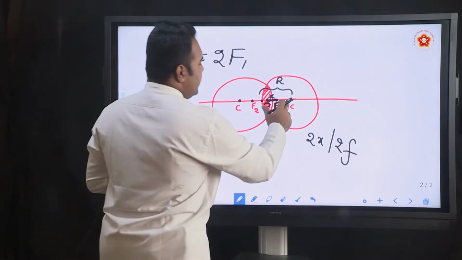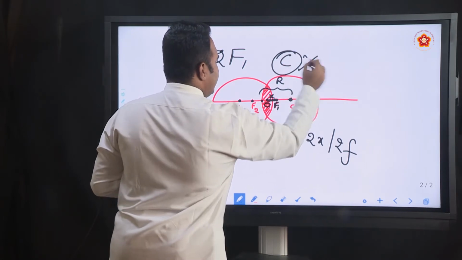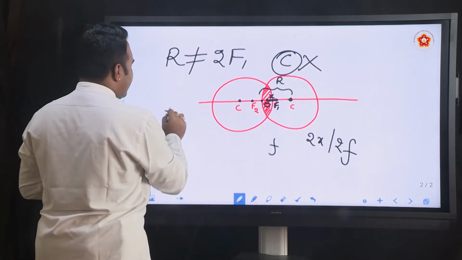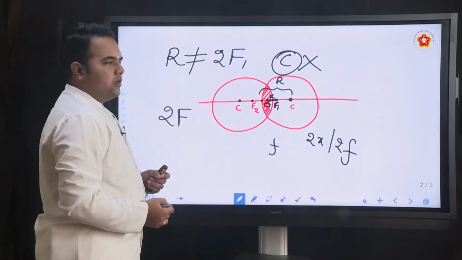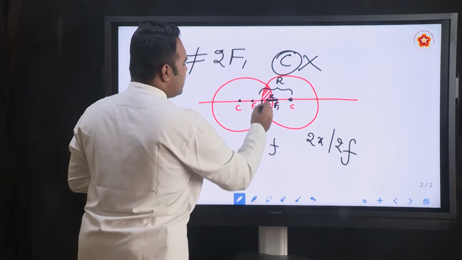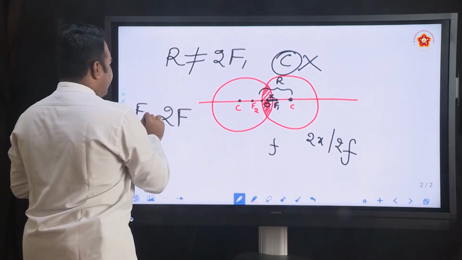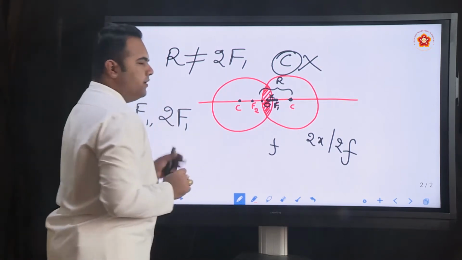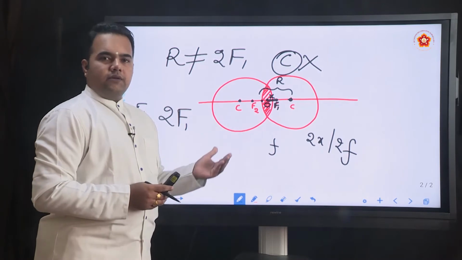So, instead of taking the point C as reference, we omit it and call it the 2F point, that is, twice the focal length. Based on the points of optical center, F1 and 2F1, we see how image formation happens in a convex lens and a concave lens.